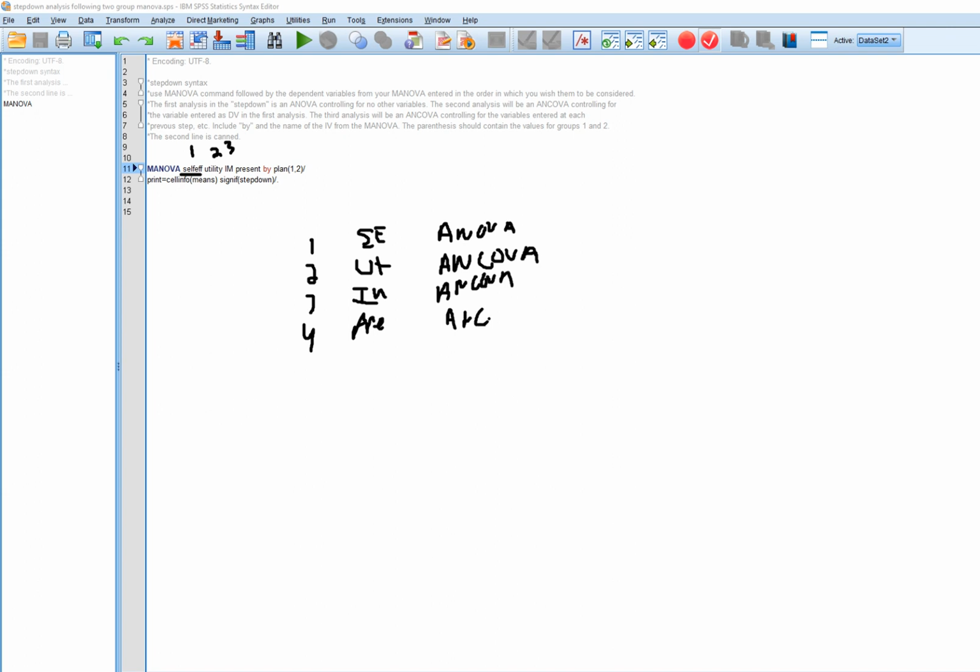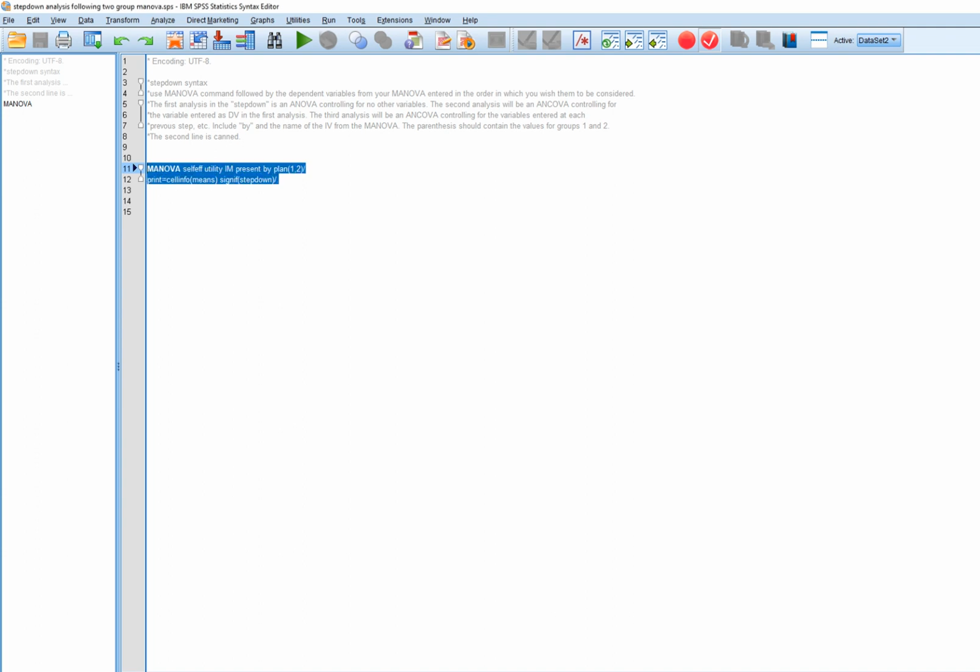So you're essentially stepping through a process where you assign a certain rank or sequence in which dependent variables are added, and at each subsequent step you're controlling for the dependent variables from the previous steps. So another example, let's say that I want to reorder.